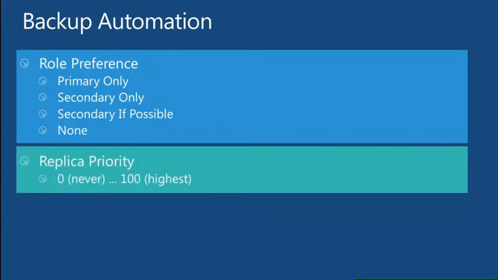You can specify priorities on each of these replicas. For example, you can say, this replica is synchronous and is close to my primary. I want to take the backups there because it's going to have the most recent version of the data. So you can specify a priority there. You can say, I never want to take backups here with 0. You can say, I always want to take backups here with 100.